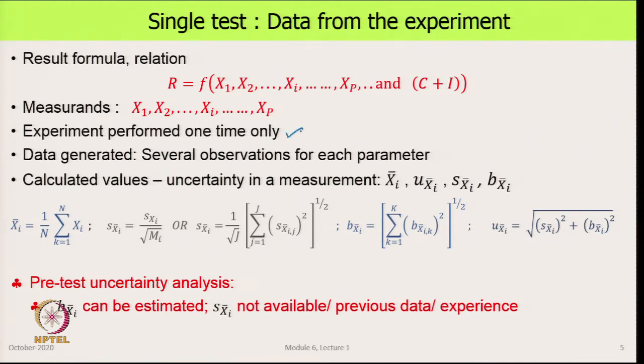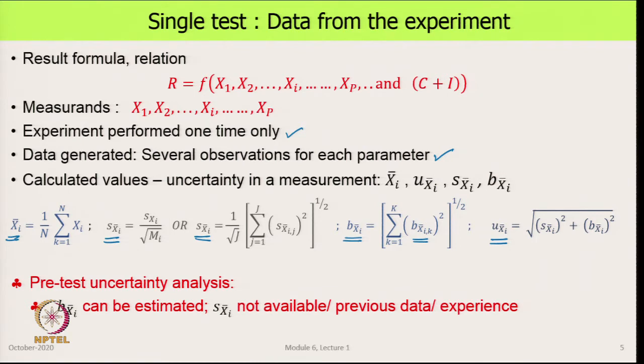The experiment we have done once, we got several observations for each parameter and we have these formulas, the mean value of the result, the random standard uncertainty in the measurement, or we can use the elemental method of getting the random standard uncertainty and the systematic standard uncertainty in the result based on the elemental systematic standard uncertainties. And finally, we combine all of this and get this. All these formulas are now known to us.